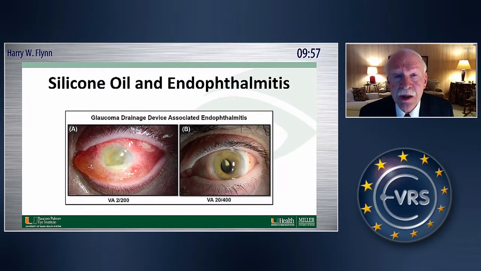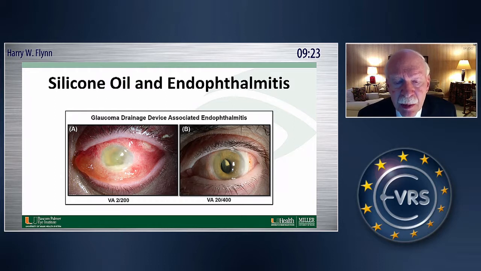This is a case managed by me. This is an amazing case. This again is an endophthalmitis caused by a glaucoma device. The other eye was no light perception. You can see the drainage device in the superior temporal quadrant and the severe endophthalmitis associated with the problem. In this case, we removed the glaucoma drainage device, and the eye was filled with silicone oil.